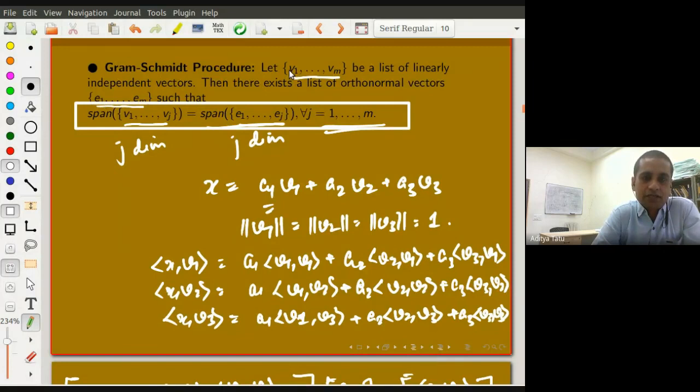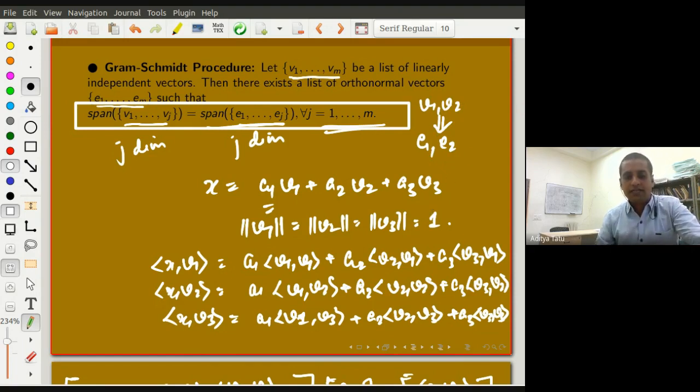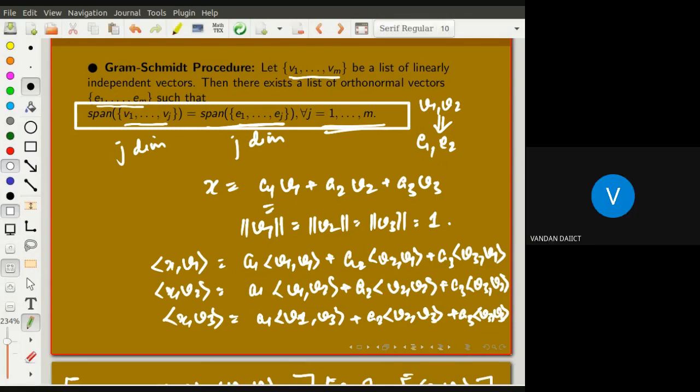If I want to find E1 and E2, the first two vectors from this set of orthonormal vectors, I should only use the first two vectors V1 and V2 in order to obtain this, and so on and so forth. Is that clear? Yes, sir.